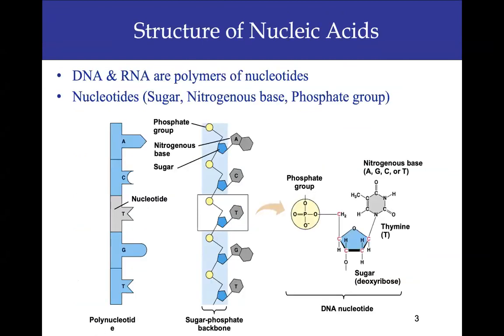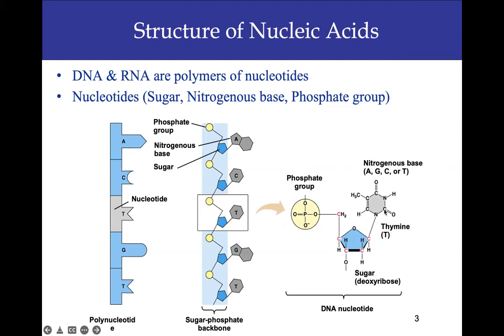All right. So first, going over the structure of nucleic acids. DNA and RNA are polymers of nucleotides. What is a nucleotide and how is it different from a nucleoside? So first, a nucleotide is a sugar, ribose sugar, plus a nitrogenous base, plus a phosphate group. This is what a nucleotide looks like. Here is your phosphate group. Here is the deoxyribose, deoxy because we're looking at a DNA nucleotide, and then a nitrogenous base.